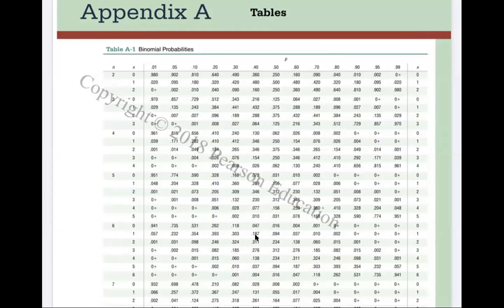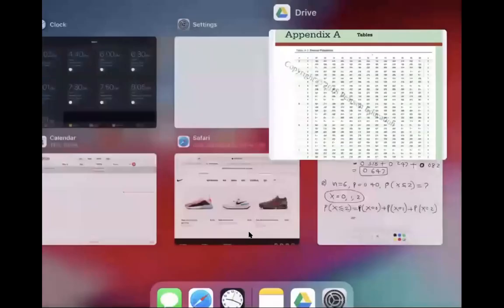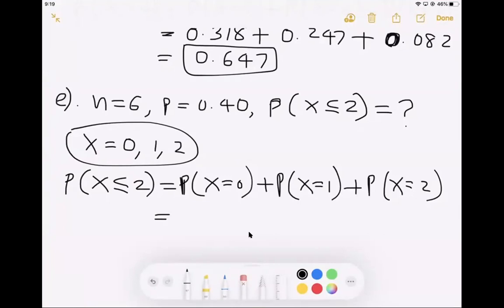Then you will have your final answer. Okay, I will write it here. The first value will be 0.047 plus 0.187 plus 0.311. So what is the final answer?